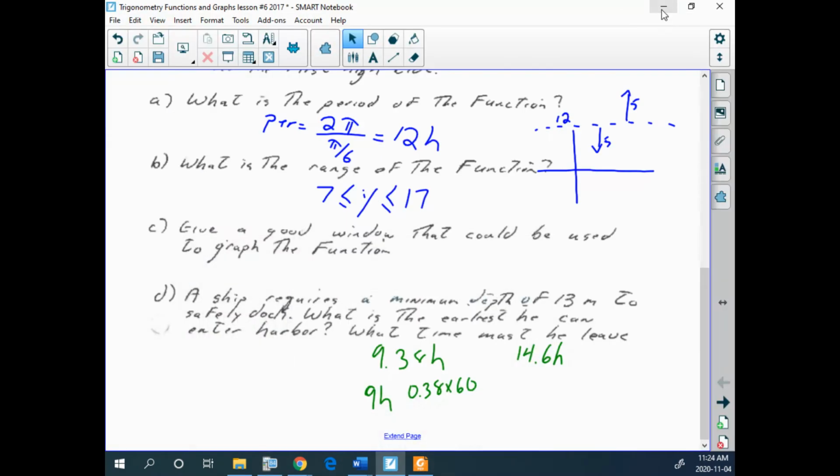That was very good, 22 minutes. So he can enter at 9 hours, 22 minutes. So 9:22. So all I'm doing is taking the decimal and turning it into minutes. And I would do the same thing for the 14.